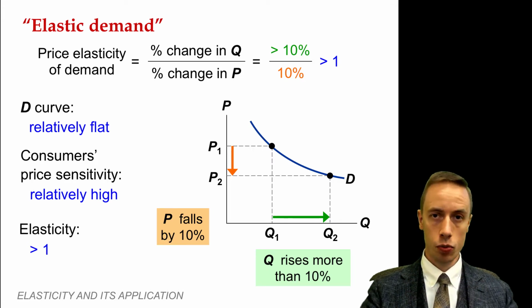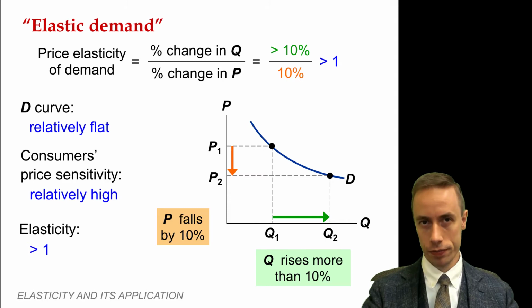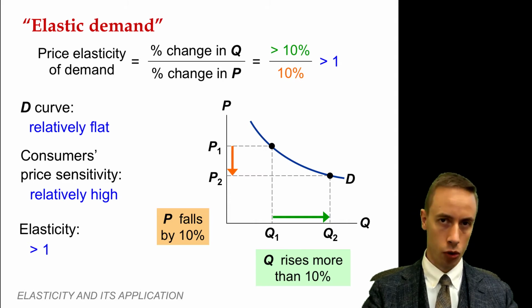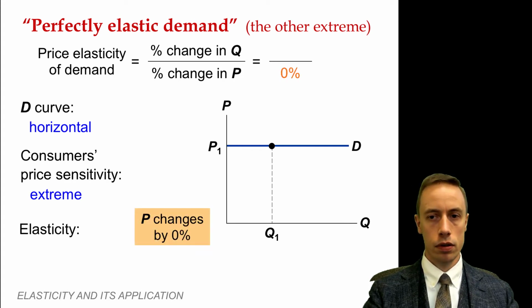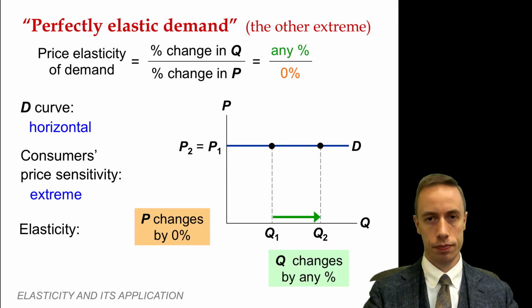We started with a vertical demand curve, and now we're making it more and more horizontal, all the way to the opposite extreme. If a demand curve is all the way horizontal, then we are looking at no price change making any quantity possible.